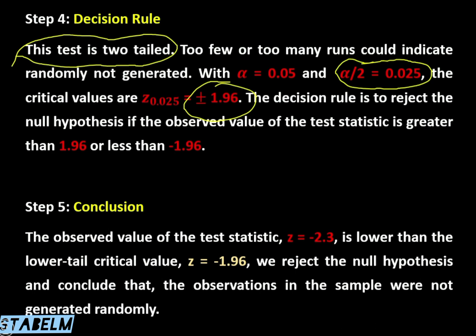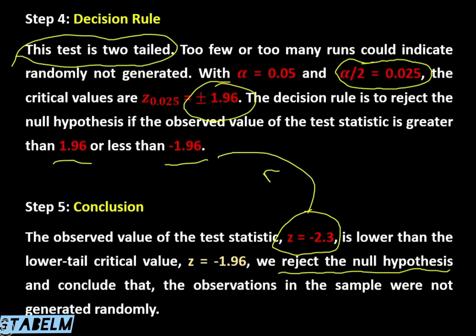So what are we saying here? The Z statistic, the approximately standard normal statistic we calculated just now, has the value minus 2.3. If you look at this minus 2.3, it's not between positive 1.96 and negative 1.96, which means it is lower than minus 1.96, and as a result we reject the null hypothesis.